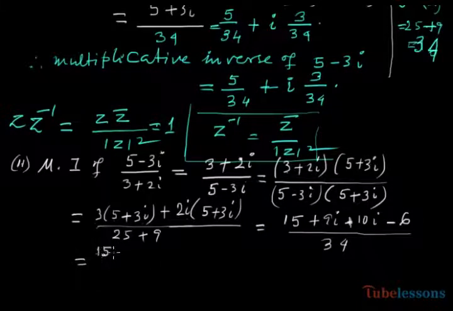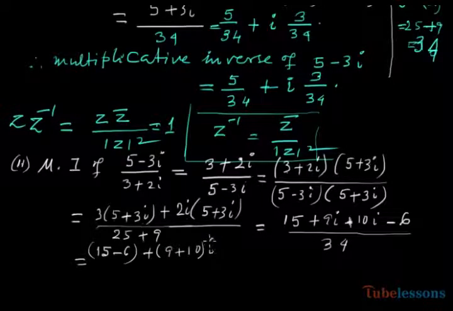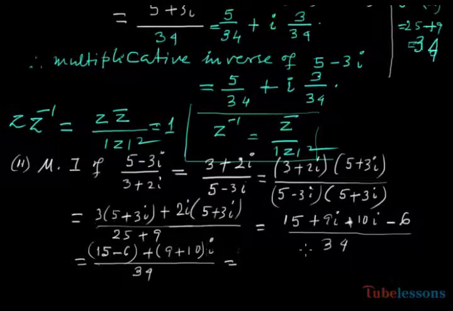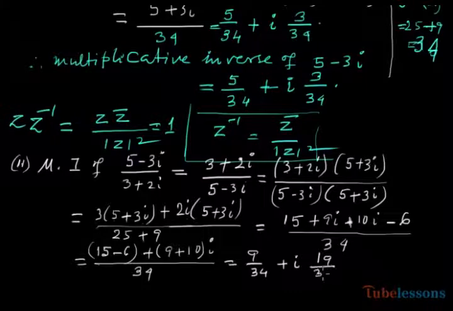So 15 minus 6, and 9i plus 10i. 15 minus 6 is equal to 9, so we get 9 by 34 plus 19i by 34. So this is the multiplicative inverse of (5 minus 3i) upon (3 plus 2i).